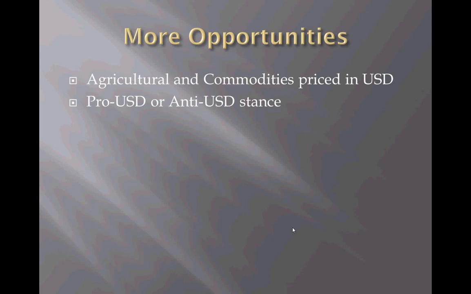The majors: pound dollar, euro dollar, dollar Swissy, and dollar yen. The commodity pairs: Australian dollar, dollar Canadian dollar, or Kiwi dollar. Notice that all these pairs are tied to the US dollar. This doesn't give a trader many options when their trading decisions are based on one speculation.